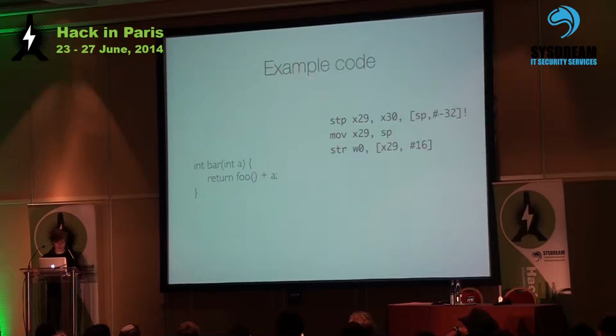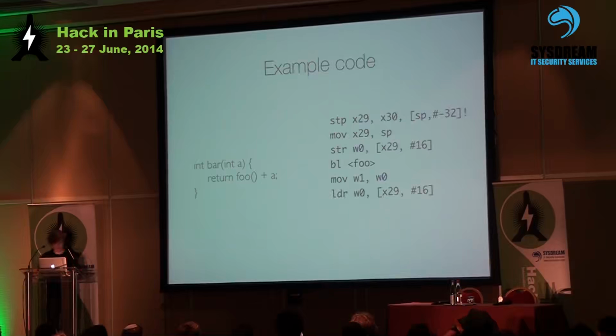The reason we copy the argument over is that we can't be sure that foo won't touch register 0, because register 0 is always used for return values. So foo returns, we copy the return value into a register. We load our argument again. In this case, the compiler optimizes a bit badly.